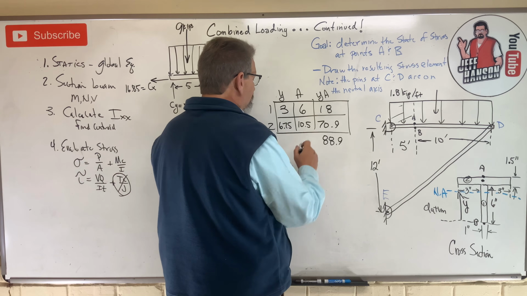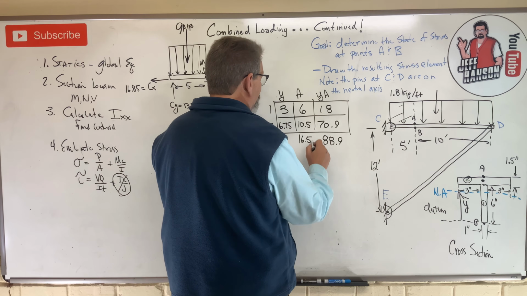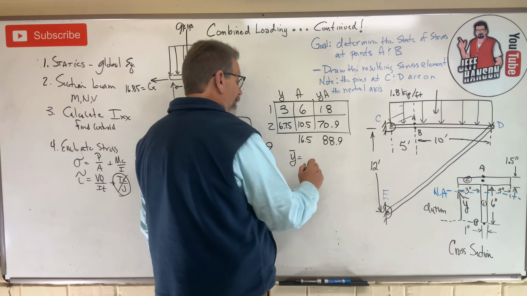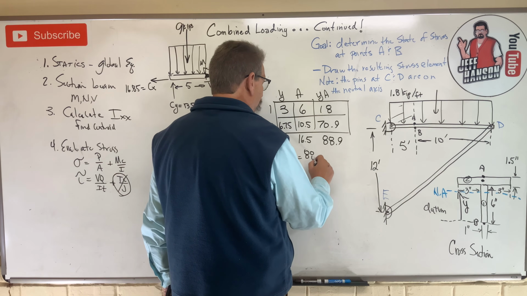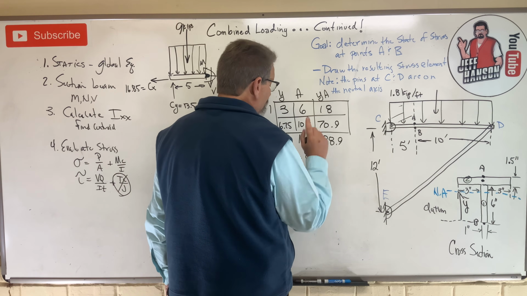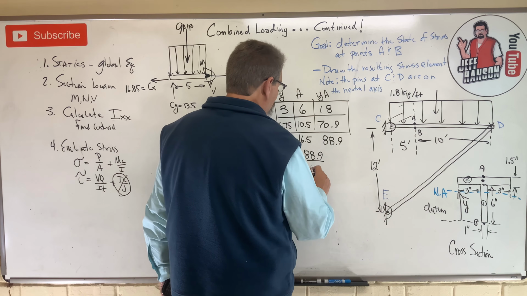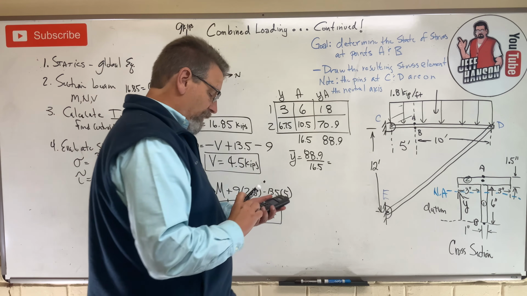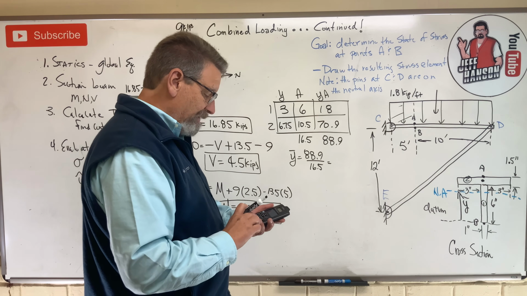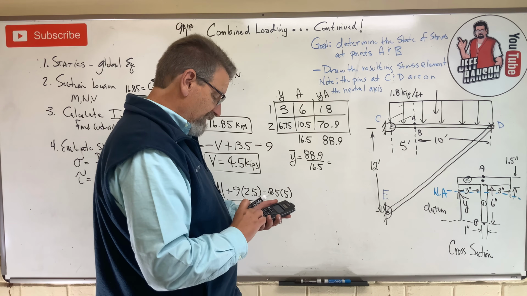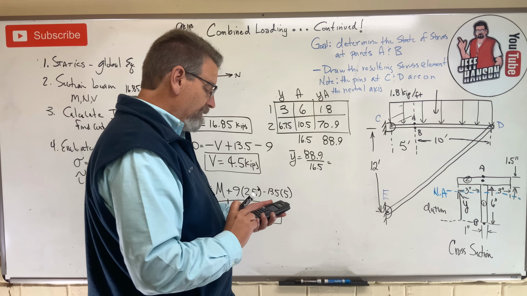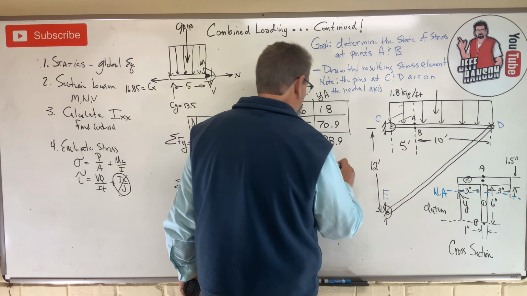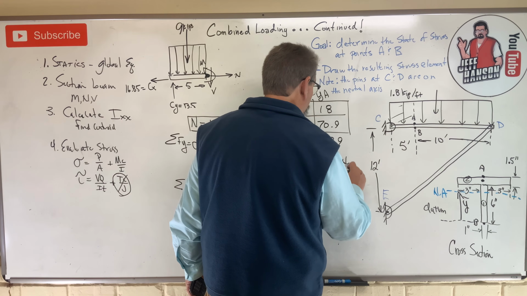And then the total area is 16.5. Y bar is the sum of the YAs, 88.9, divided by the sum of the A's, 16.5, which means Y bar is 88.9 divided by 16.5, 5.38, let's call it 5.4.